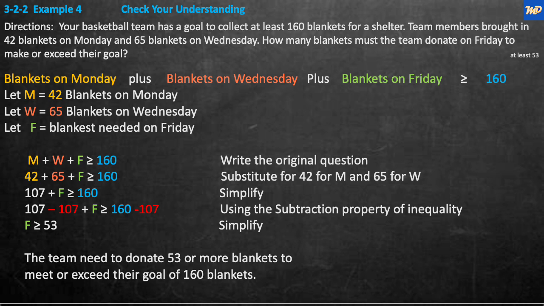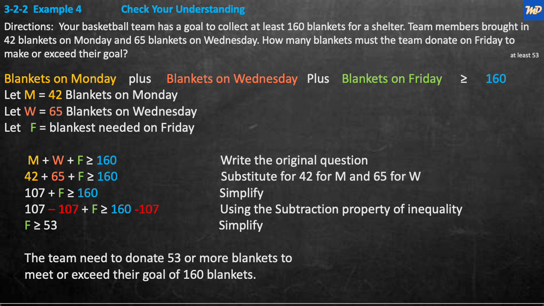Here we're going to put the problem into words that can be converted into an inequality. So blankets on Monday plus the blankets on Wednesday plus the blankets on Friday have to equal or exceed, have to be greater than or equal to 160.